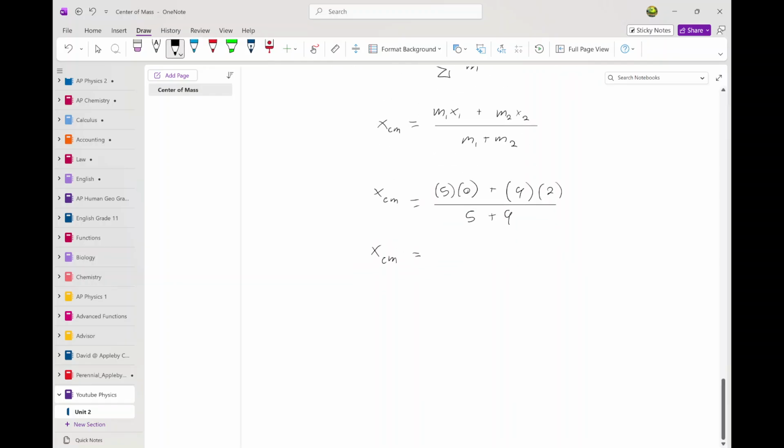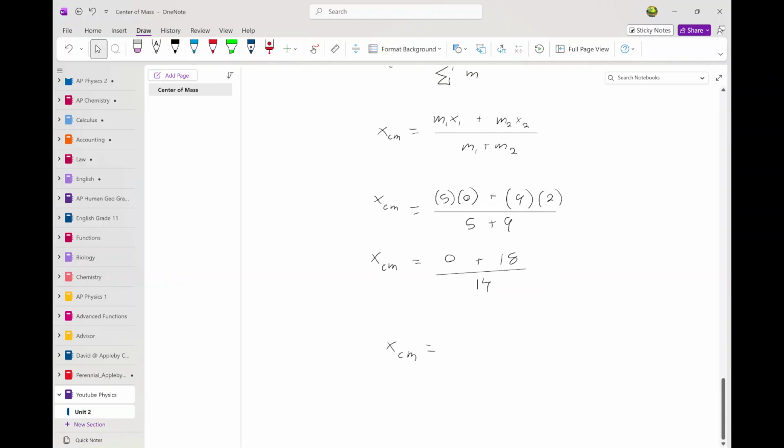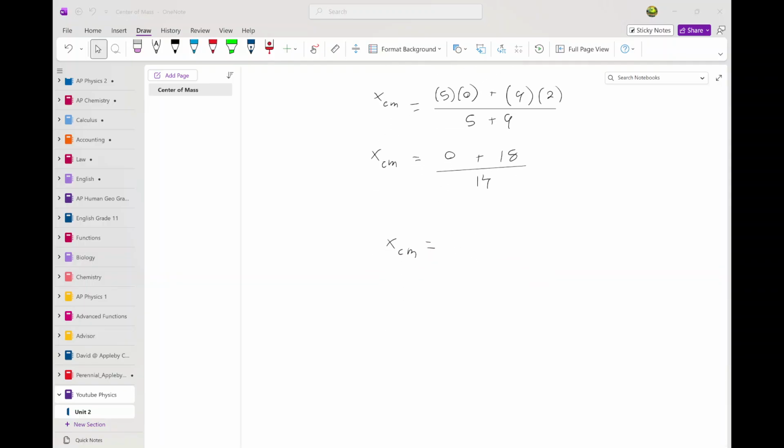I don't have my calculator, but I know that it's 0 plus 18 divided by 14. So the position of the center of mass for these two objects would be, I think, around 1.3.